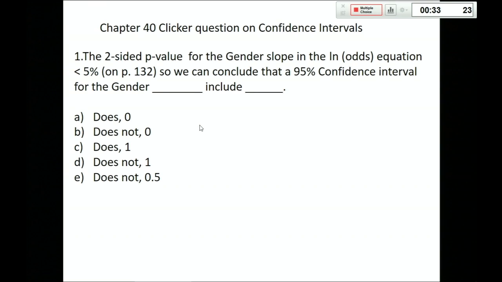This is for the log odds equation. So just choose one of these. We're talking about the slope, not the odds ratio here. It's the first thing we did. The confidence interval is actually given to you, the one we just looked at on page 134.